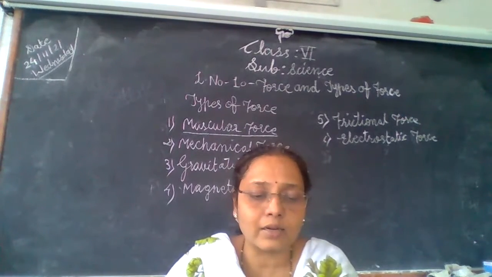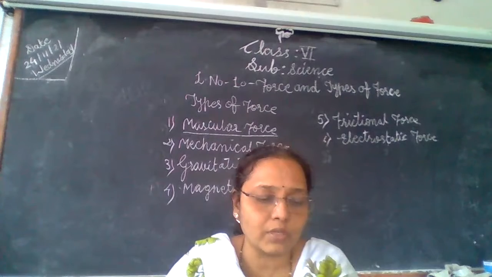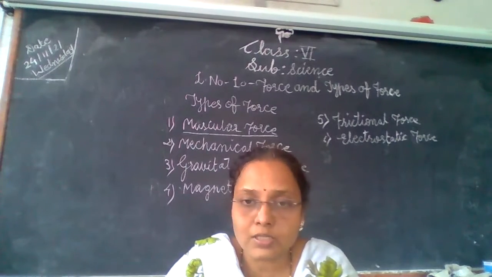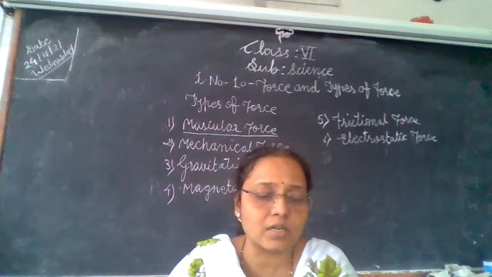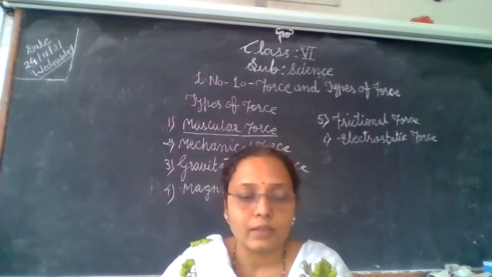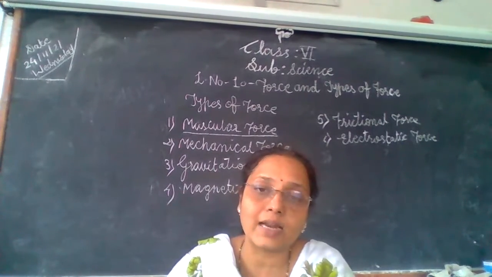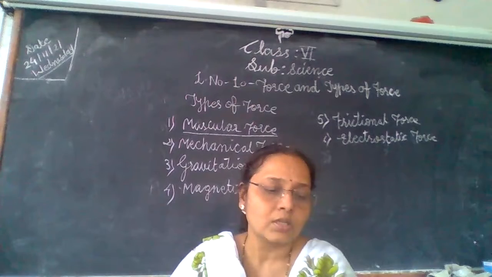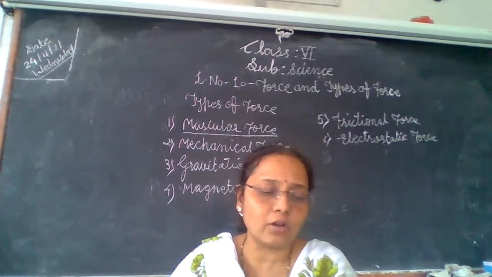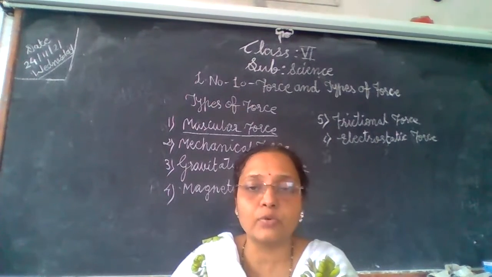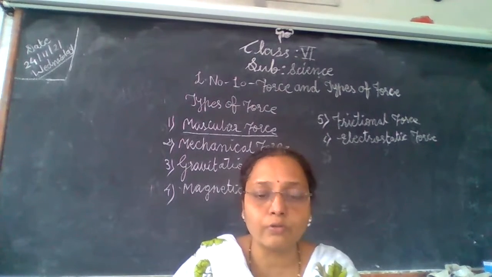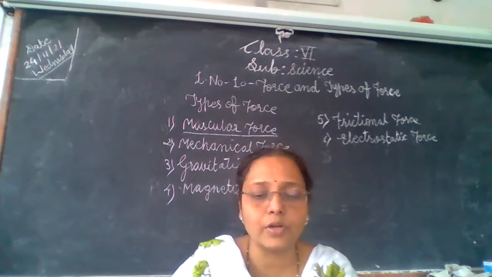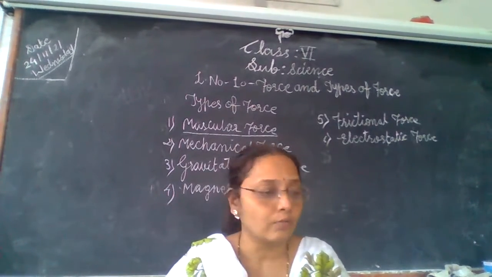We know that ripe fruits that fall from the tree fall down on the earth. This is because the earth exerts a force known as gravitational force, gravity, on all objects to pull them towards its center. So fruit falls on the ground due to the gravitational force.